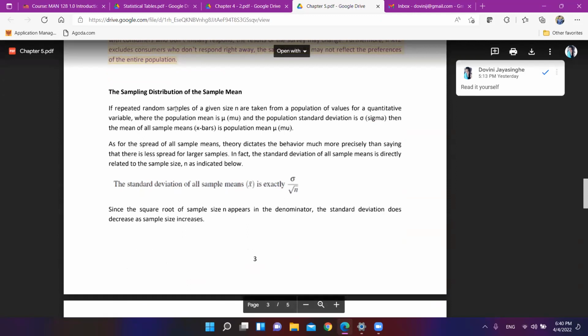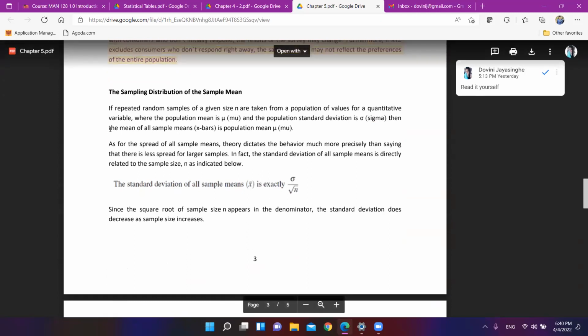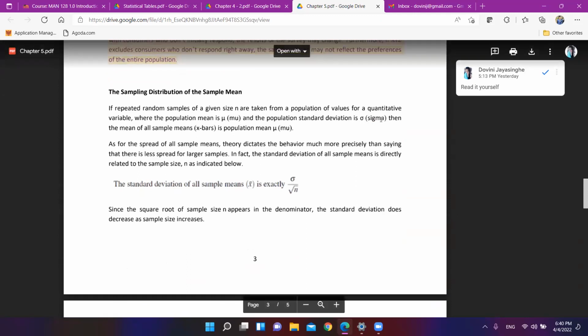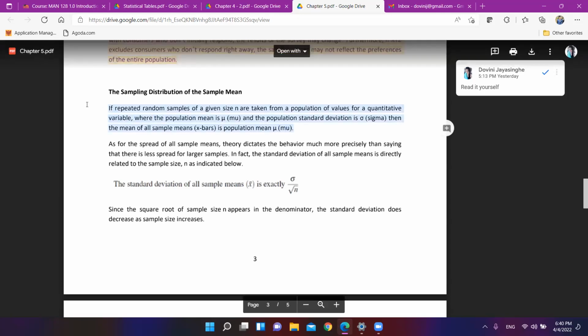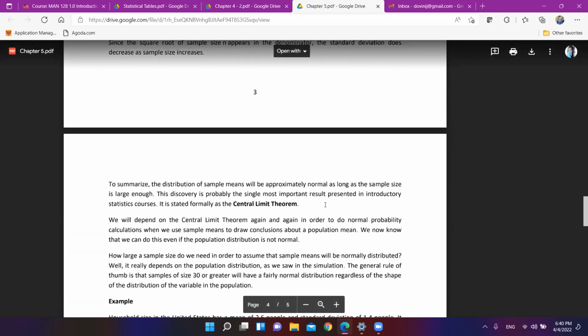If repeated random samples of a given size n are taken from a population of values for a quantitative variable, where the population mean is mu and the population standard deviation is sigma, then the mean of all sample means, x bars, is the population mean. මේ කියන එක මෙහෙම කියවට තේරෙන්නේ නැහැනේ. මම තව ඉස්සරහට explain කරලා දෙන්නම් මොකක්ද මේ කියන්නේ කියලා. This is the approach taken to explain the central limit theorem, CLT, right?